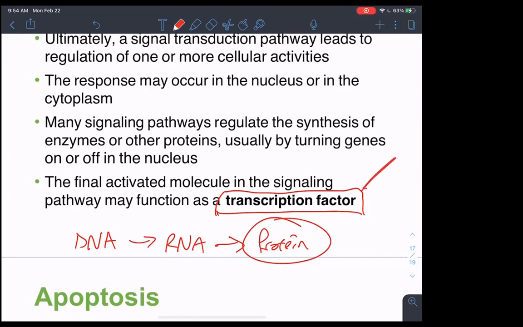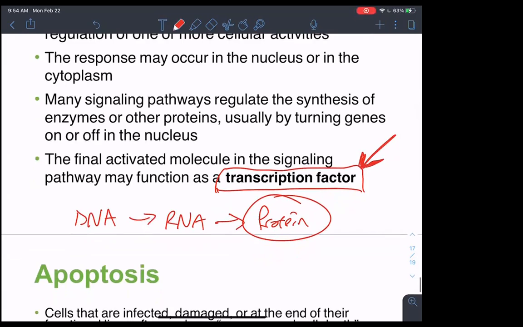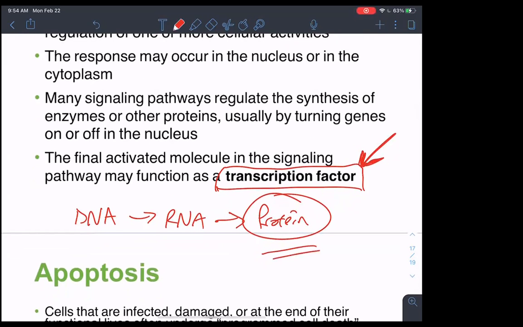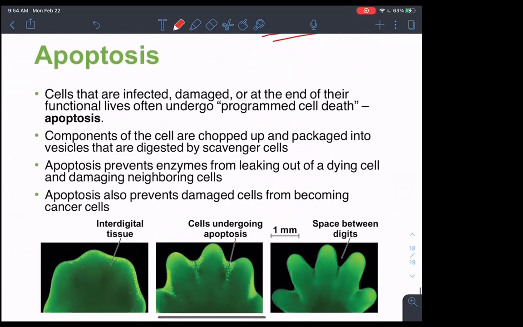Transcription factors are really majorly involved, and if you go further down into higher levels of biology, into grad school, whatever, you'll learn about these transcription factor processes in more detail, of how genes are actually modified, turned on and off, that kind of thing, for the final result of creating proteins and other necessary molecules.